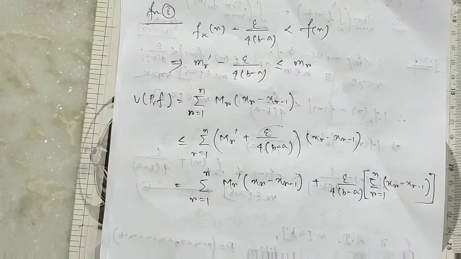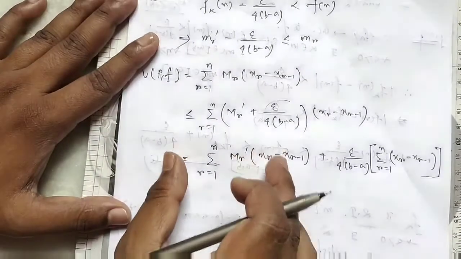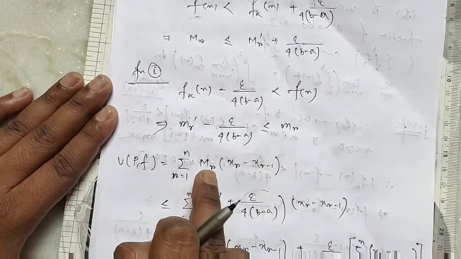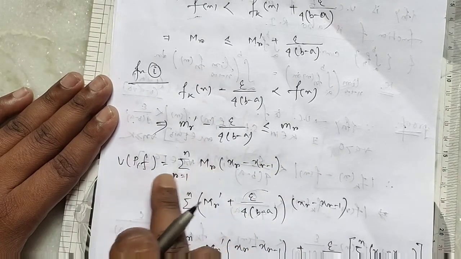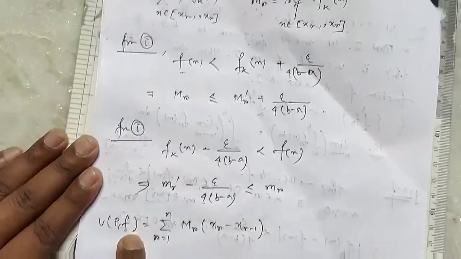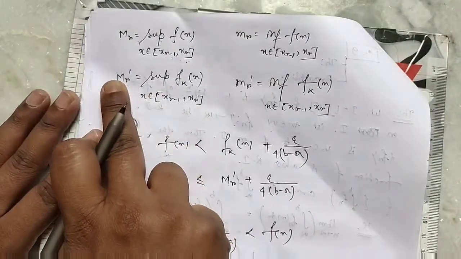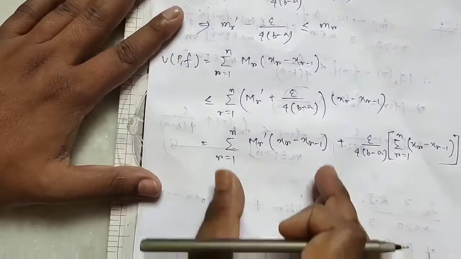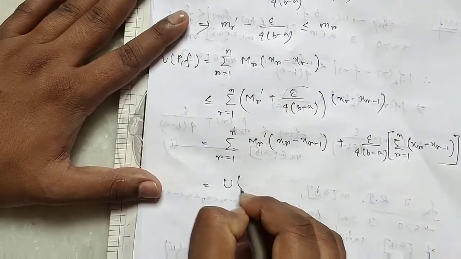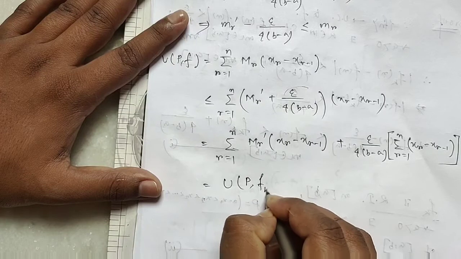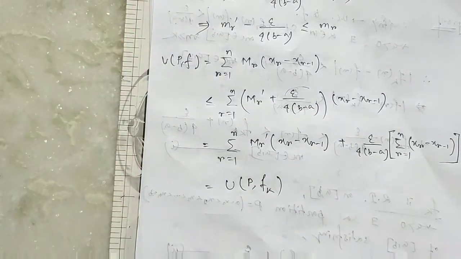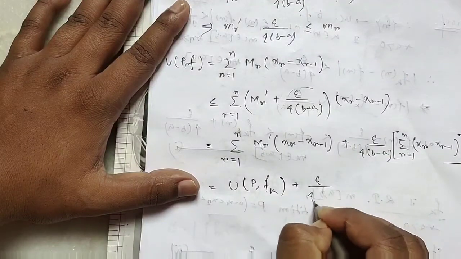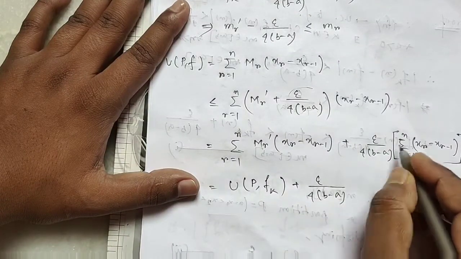Clear? So this is U(P,f). Here M_r is the supremum of f(x) and M_r dash is the supremum of f_k(x). So this is our U(P,f_k) plus epsilon by 4 into (b minus a) times the sum.